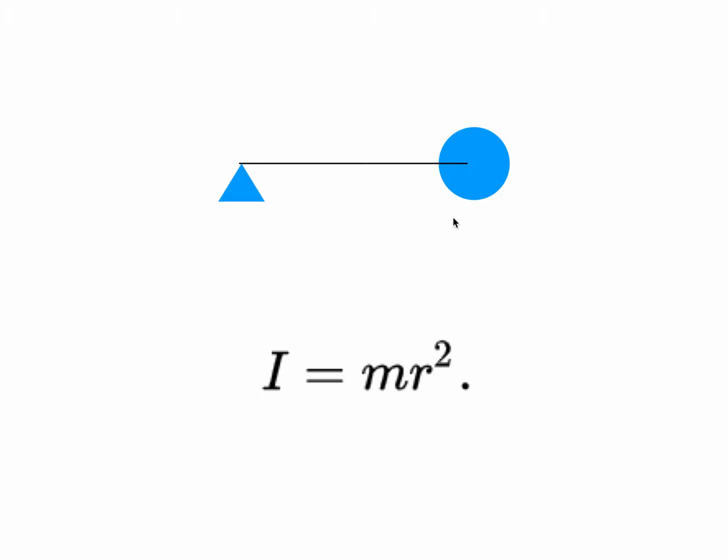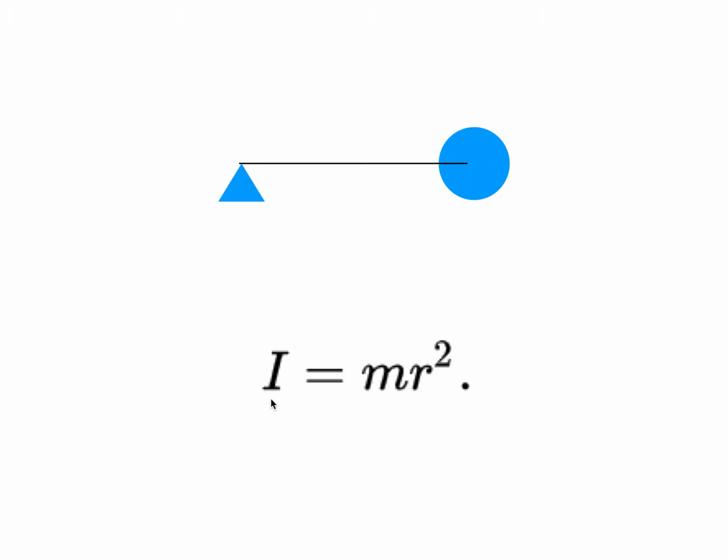Mass is the mass of this object, obviously. R is the distance from the center of mass to the axis of rotation. So this length is r. We square it, then multiply by the mass, and you get the moment of inertia.